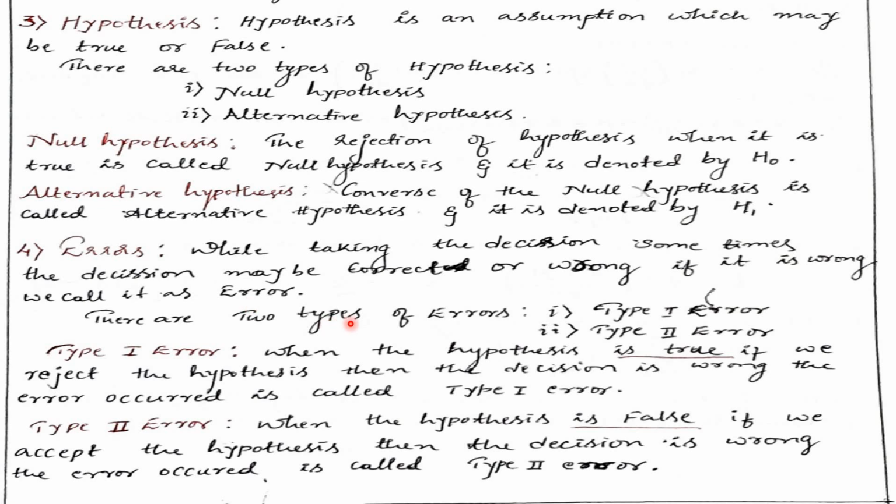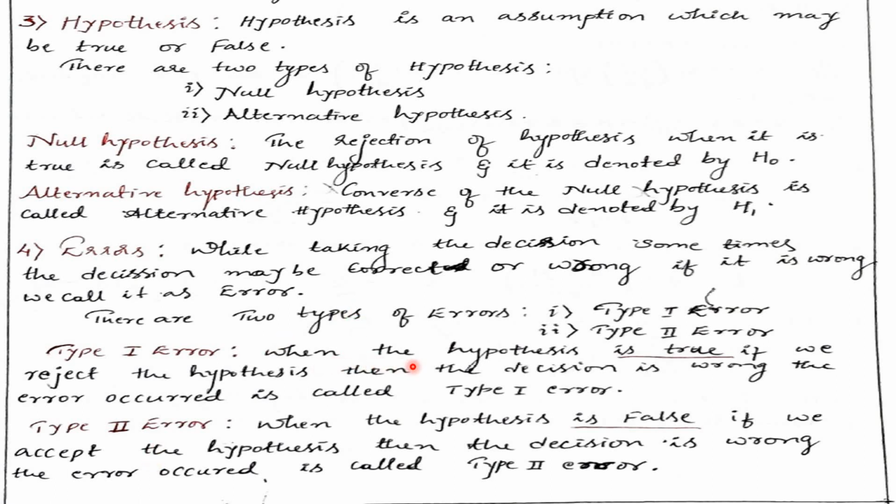We have two types of errors, type 1 error and type 2 error. You should know the definitions of type 1 error and type 2 error, as all the definitions are important. Definitely there will be questions on definitions under sampling theory.